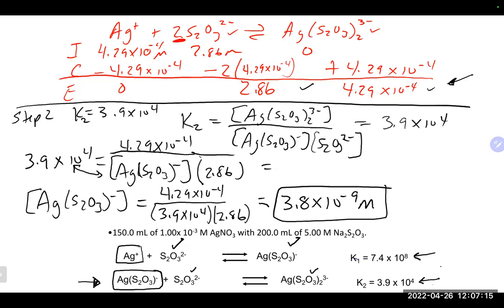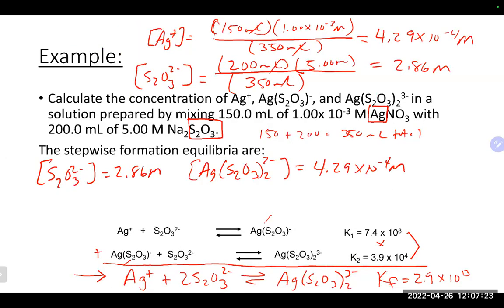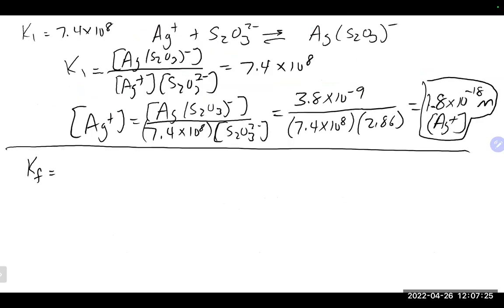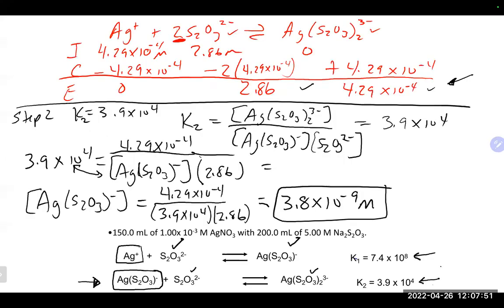And if we did that, we would have the KF, which we calculated, I think, on the very first page there, which was 2.9 to the 13, would equal our complex ion here, which would be -3, divided by our silver and our S2O3 2 minus, and we would square it. And again, we would square it because of the 2 that is here.